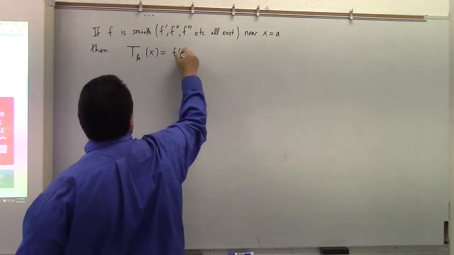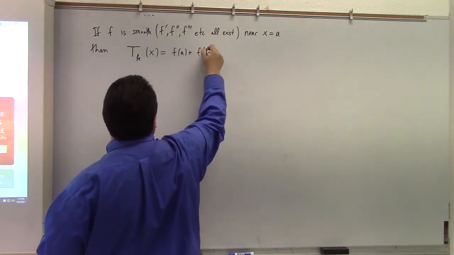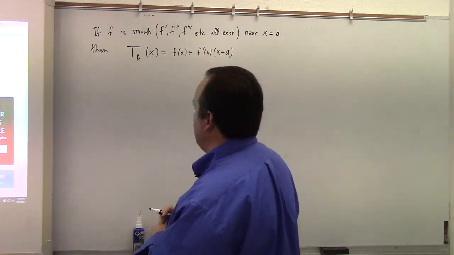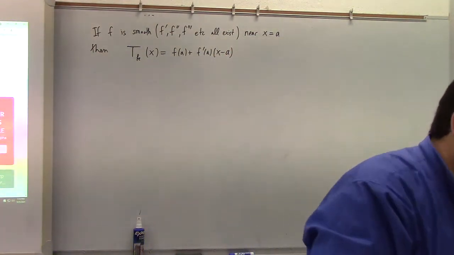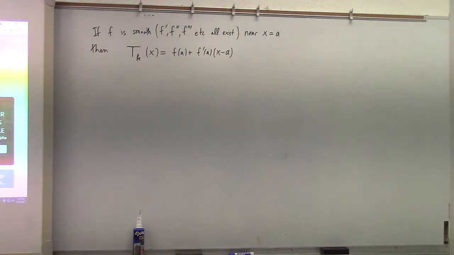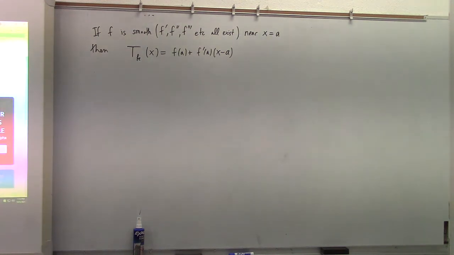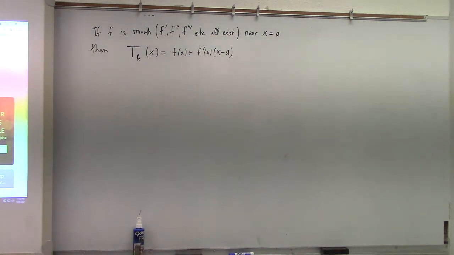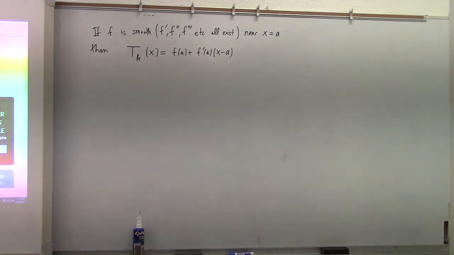It is f of a plus f prime of a times x minus a. What's that? These first two terms. Do you recognize them? If I put y equals to that, what is it?